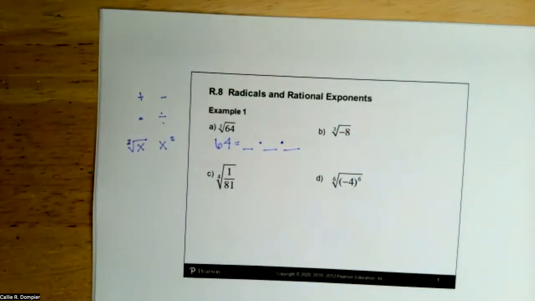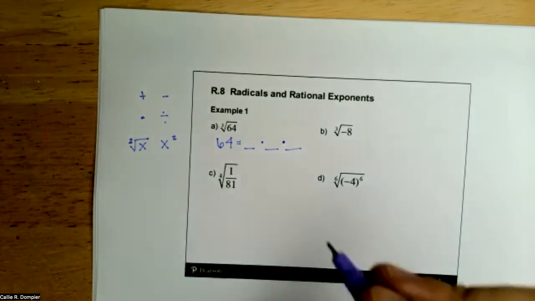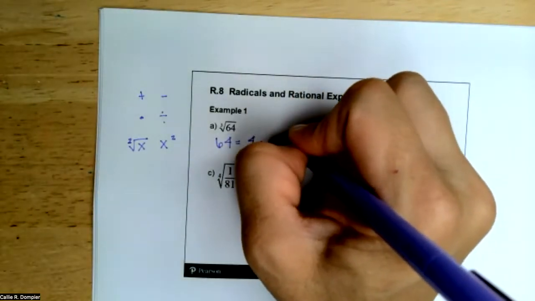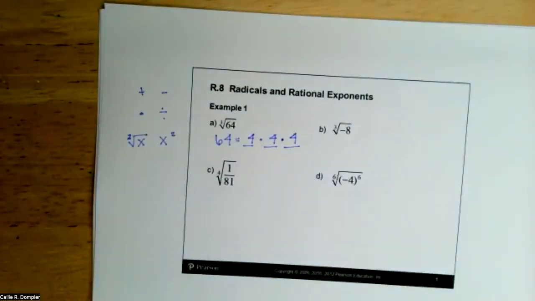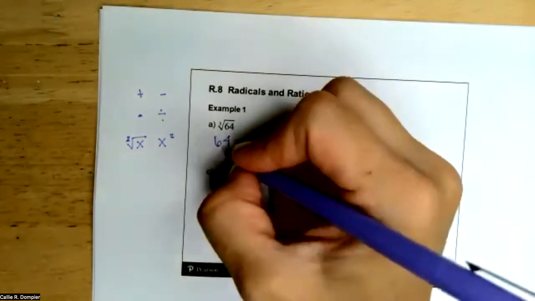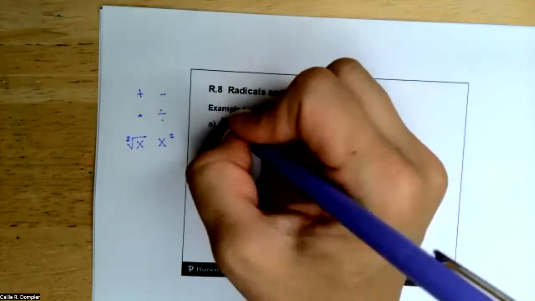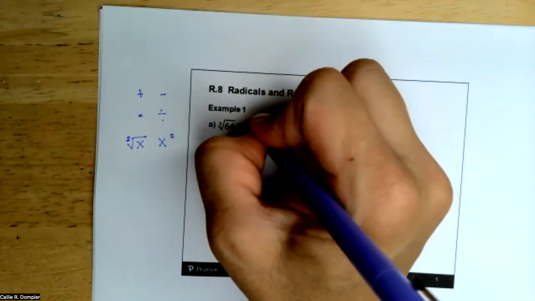You can just put it into your calculator, or play around with your calculator to multiply a number 3 times. Or you can look up the cubed roots on Google, and it'll start a list. So 64 is 4 times 4 times 4. So the cubed root of 64 is 4.